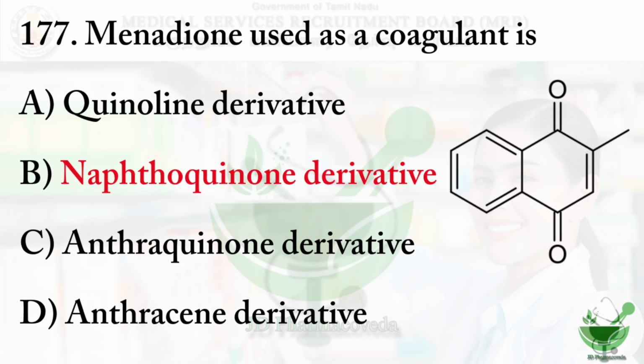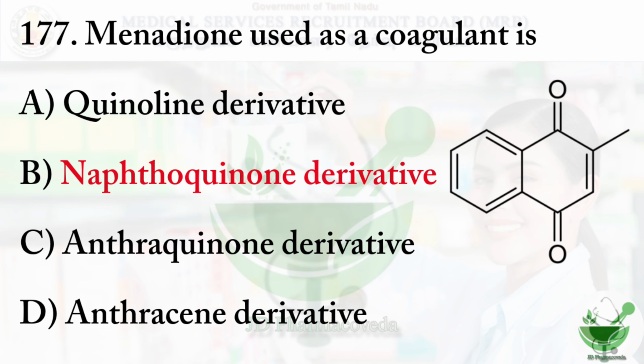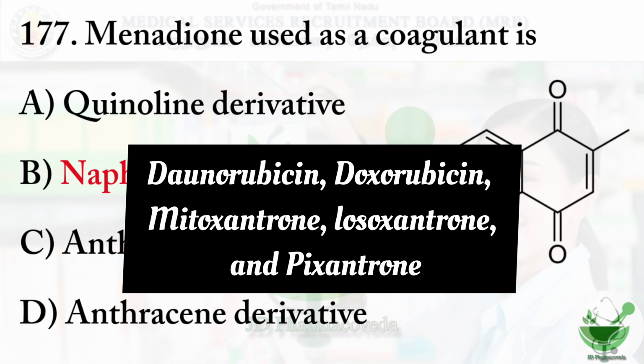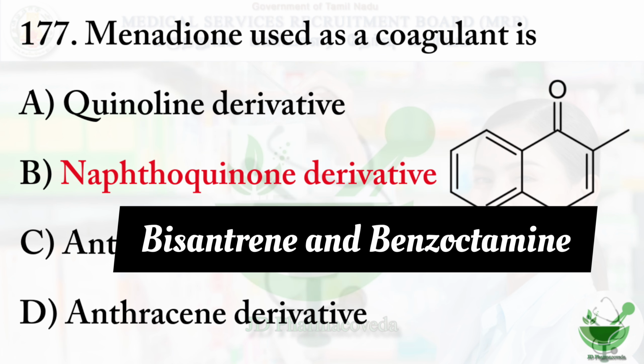Quinoline derivatives are quinine, chloroquine, amodiaquine and primaquine. Anthraquinone derivatives are daunorubicin, doxorubicin, mitoxantrone, ixoxantrone and pixantrone. Anthracene derivatives are bisantrene, benzoctamine.